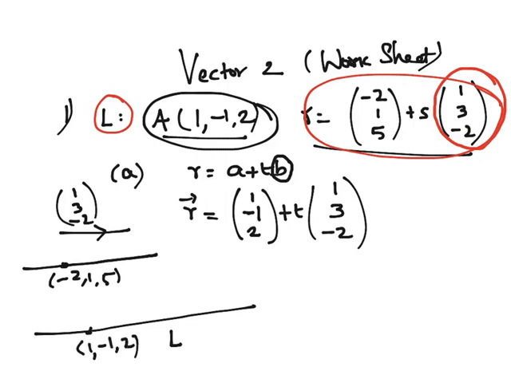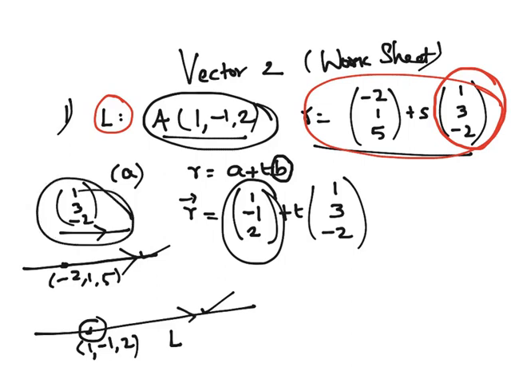The position vector of this point is this. Since I need a direction vector for this line, but this line and the given line are parallel to each other, I can use this vector as the direction vector for this line. That is how I got the equation of line L: line L, colon, r equal to this.